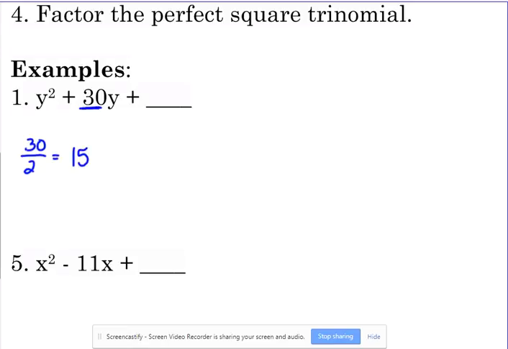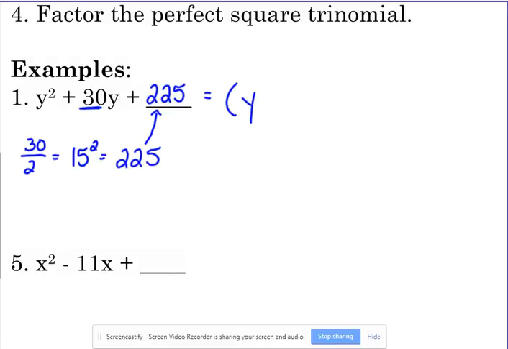That gives us 15. We square 15, which is 225. That number becomes our constant term. y squared plus 30y plus 225 is a perfect square trinomial. And guess what? When we factor it, the factoring is so easy, guys, because you already know the pieces.